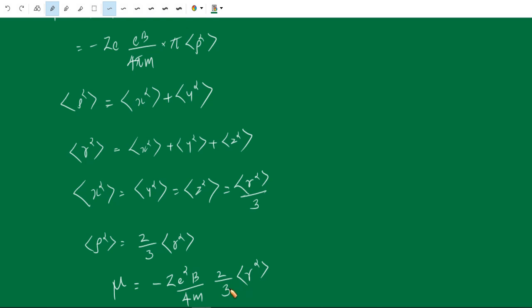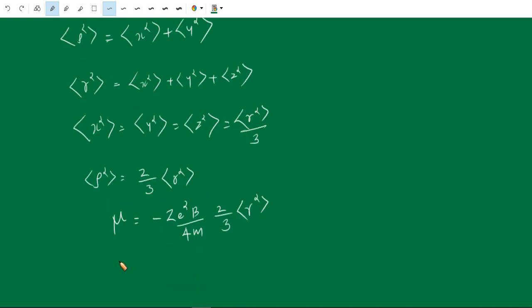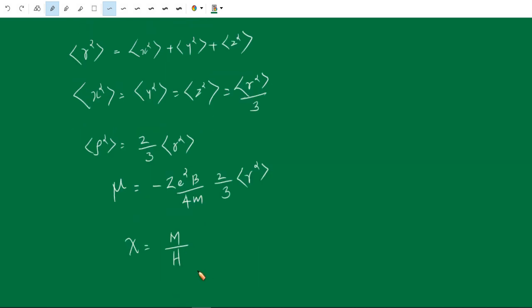So this is the magnetic moment, and therefore the magnetic susceptibility chi is equal to M divided by H. We know that the magnetic field intensity B is equal to mu 0 times H. Therefore this can be written as mu 0 M divided by B, which is the magnetic susceptibility.